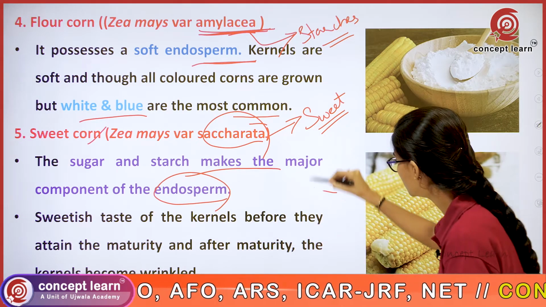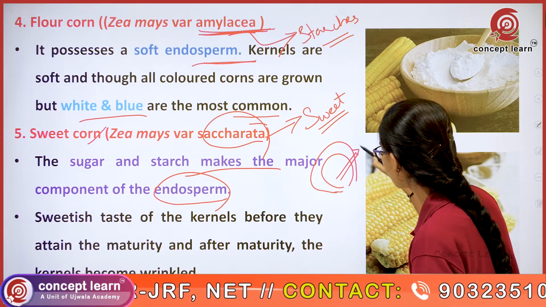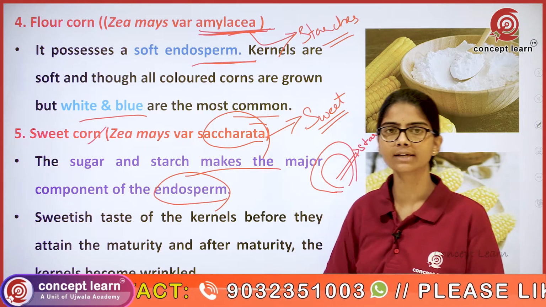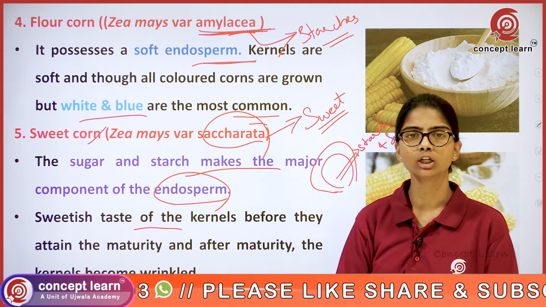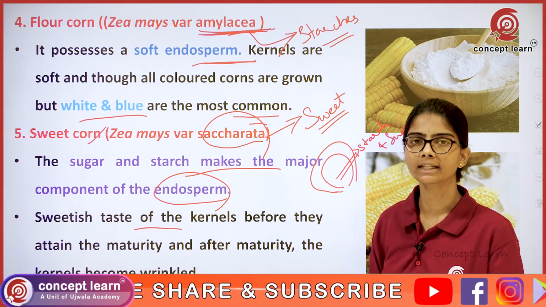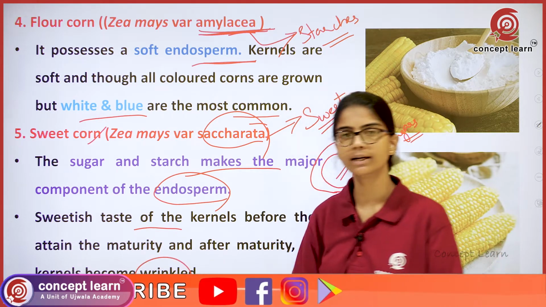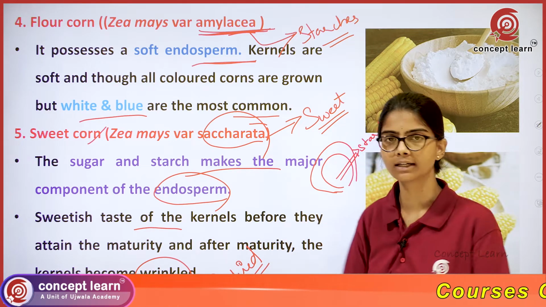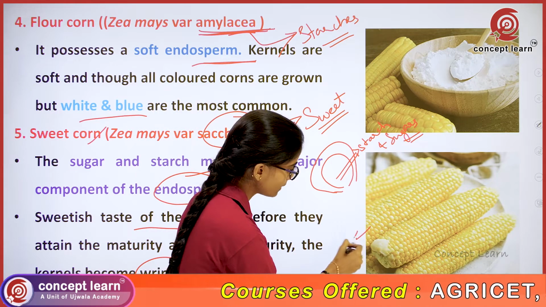These starches and sugars give the sweetest taste to the endosperm if harvested before attaining maturity. After attaining maturity, the kernels become wrinkled and dried, and lose the moisture present in the kernels. This is the figure showing the sweet corn before maturity.